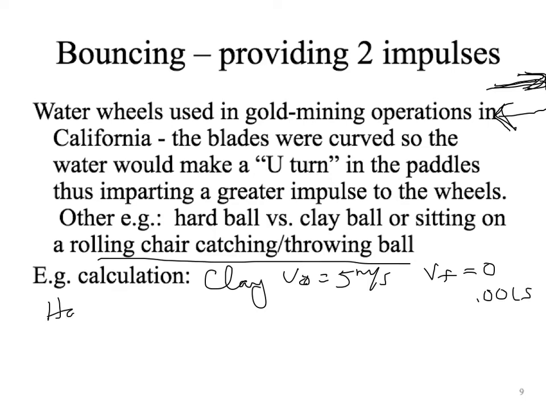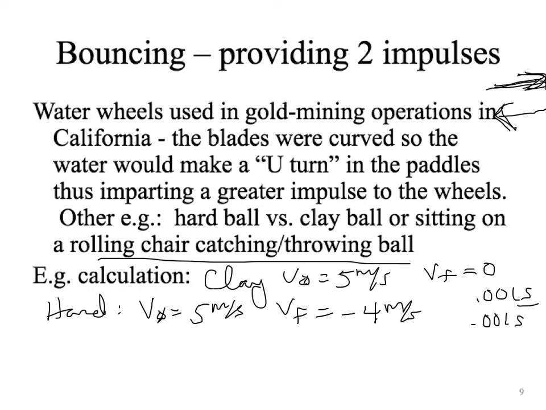And let's say that we have the hard ball, and its initial velocity is also going to be 5 meters per second, but because it's hard, it's going to bounce. It's going to rebound at a negative 4 meters per second, and let's say that it is also in contact with the wall for 0.001 second. This is stopping time, but this is contact time with the wall.